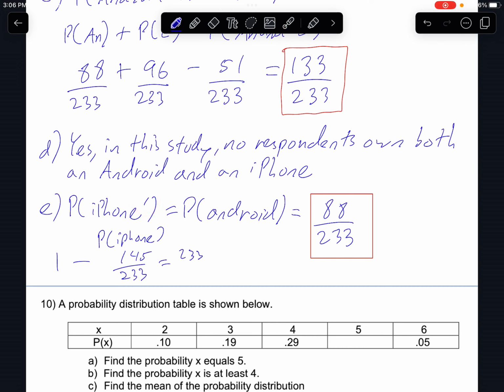So since we need a common denominator of 233, we're changing this number 1 into 233 over 233, subtracting the numerators because the denominator is now the same, and that gets us to be 88 over 233.